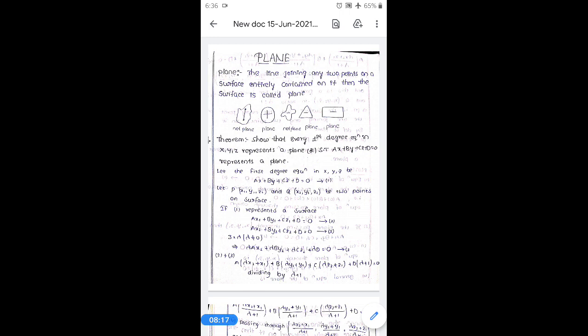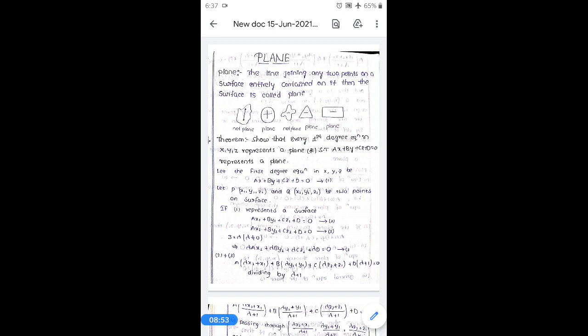Dividing this equation both sides by lambda plus 1 will give A into (lambda x2 plus x1) by (lambda plus 1), B into (lambda y2 plus y1) by (lambda plus 1), C into (lambda z2 plus z1) by (lambda plus 1), plus D, because D into (lambda plus 1) by (lambda plus 1) will give only D, is equal to 0. Call it the fifth equation.